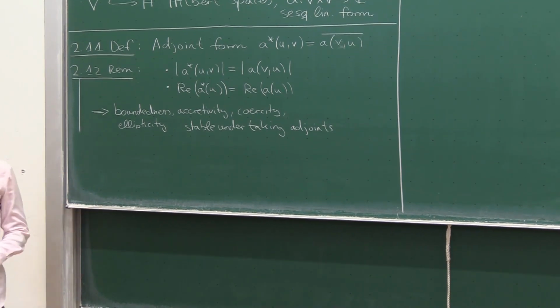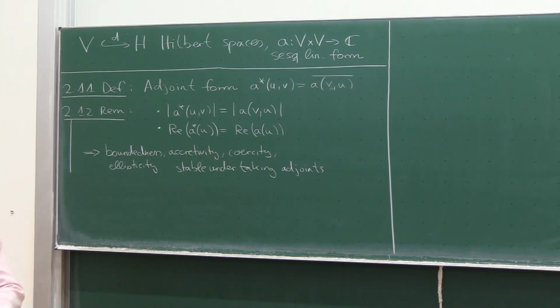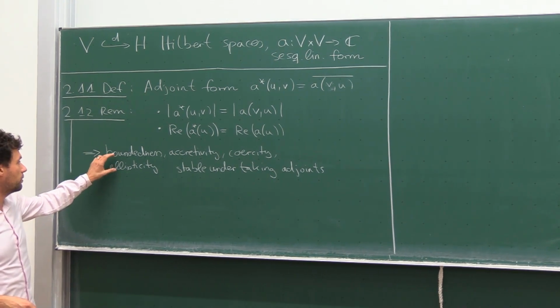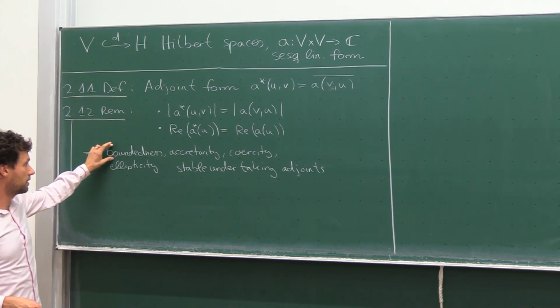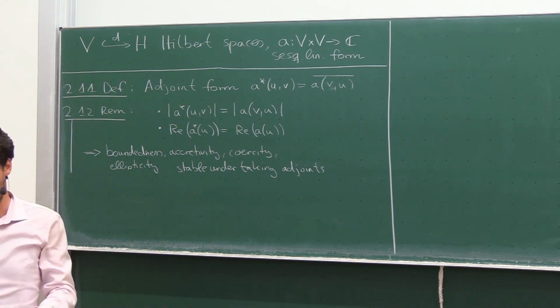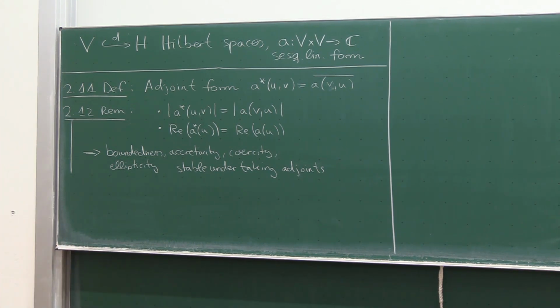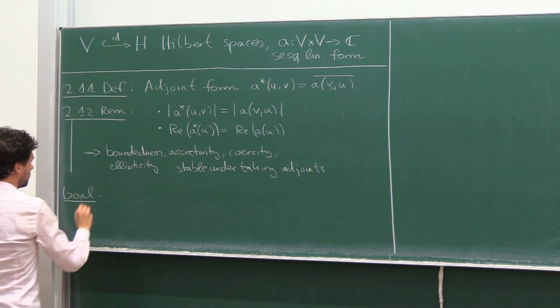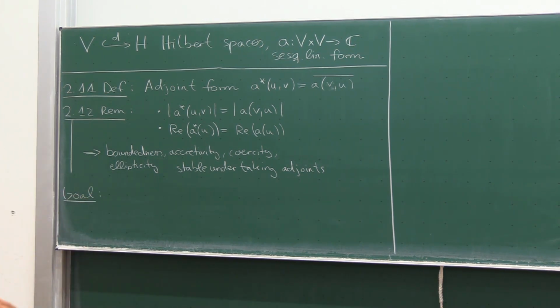Okay. So keep all these things in mind. What we're going to work with most of the time is going to be a bounded, accretive, and elliptic form. So we're going to use all of the things. Okay. So the overall goal for today's lecture is the following.